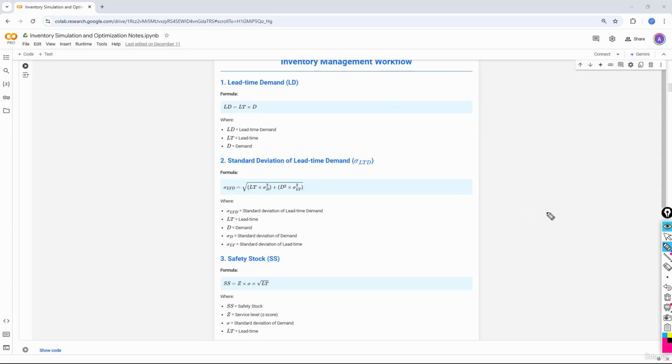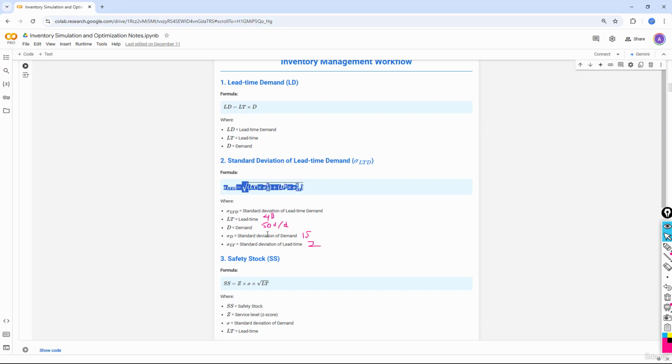For your standard deviation of lead time demand, if your lead time is 4 days, and your standard deviation of demand, sigma of t, is 15, and the standard deviation of lead time is 2 days, and your demand is, let's say, 50 units per day. The standard deviation of lead time demand is what we want to find, which is given by this formula.